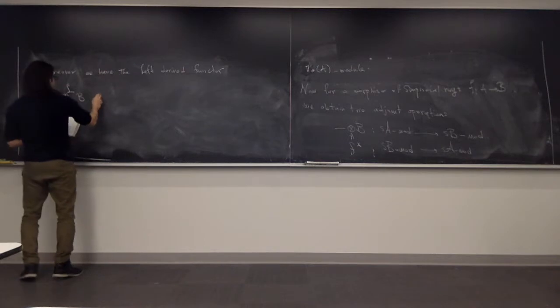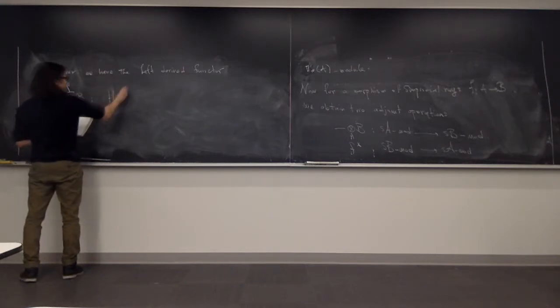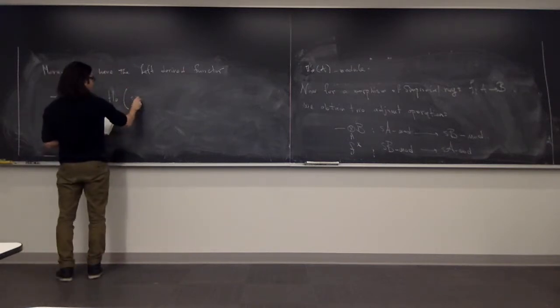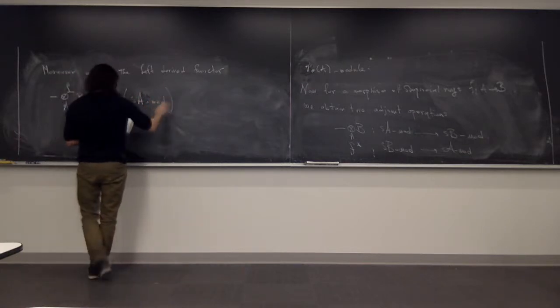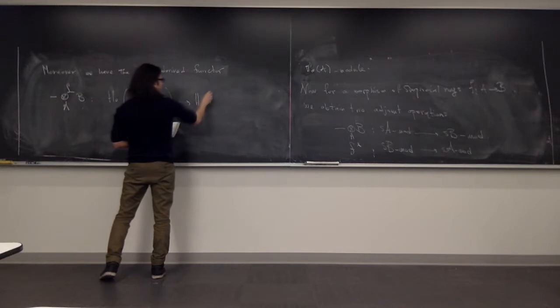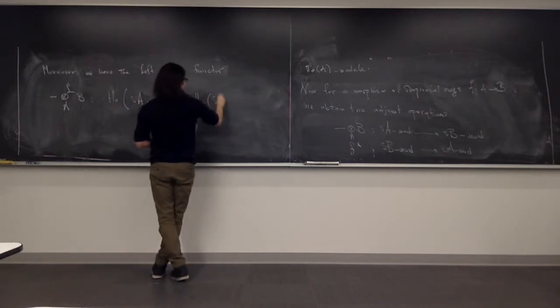So now that takes you from objects in the homotopy category of simplicial A modules to the homotopy category of simplicial B modules.